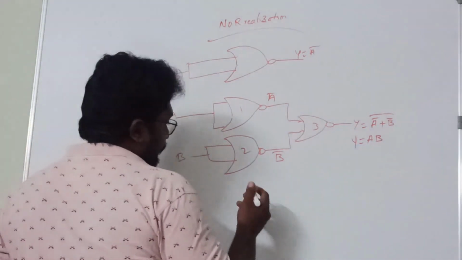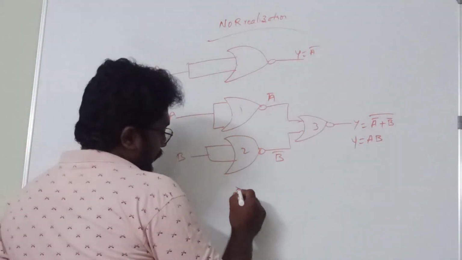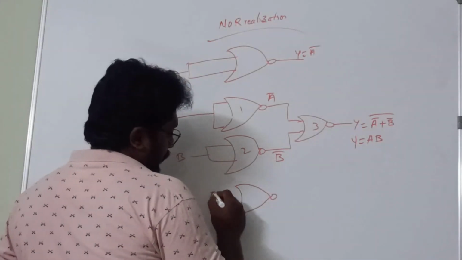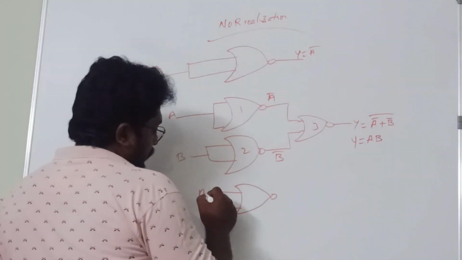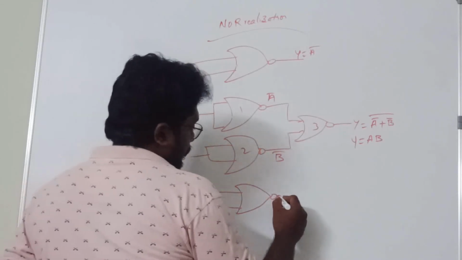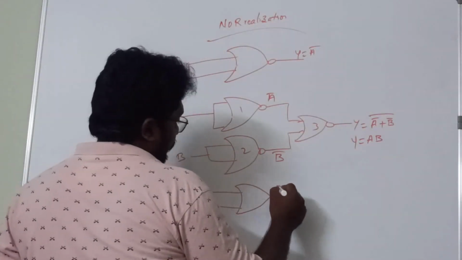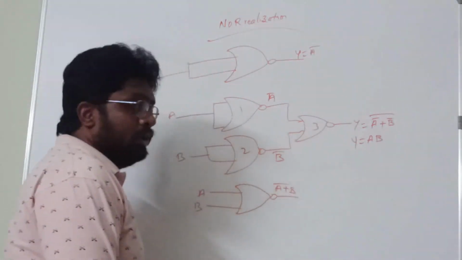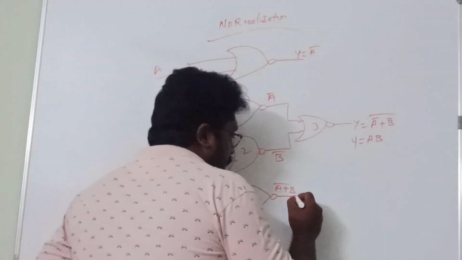So now let us see the OR gate. The OR gate will be implemented like this. Here I am taking two inputs A and B. The output of the first NOR gate will be A or B whole complement.